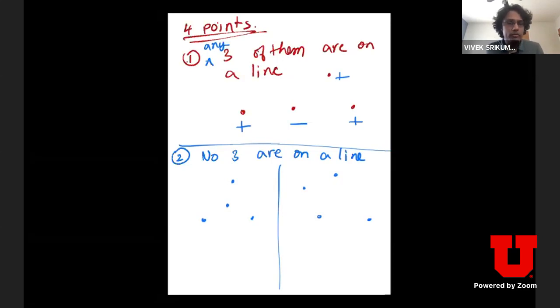If no 3 of them are on a line, let's pick any 3 and make a triangle out of it, and then you get these 2 situations, right? So now let's call this A and B. For A, can someone suggest a labeling of the points that's going to pose problems for a linear classifier?